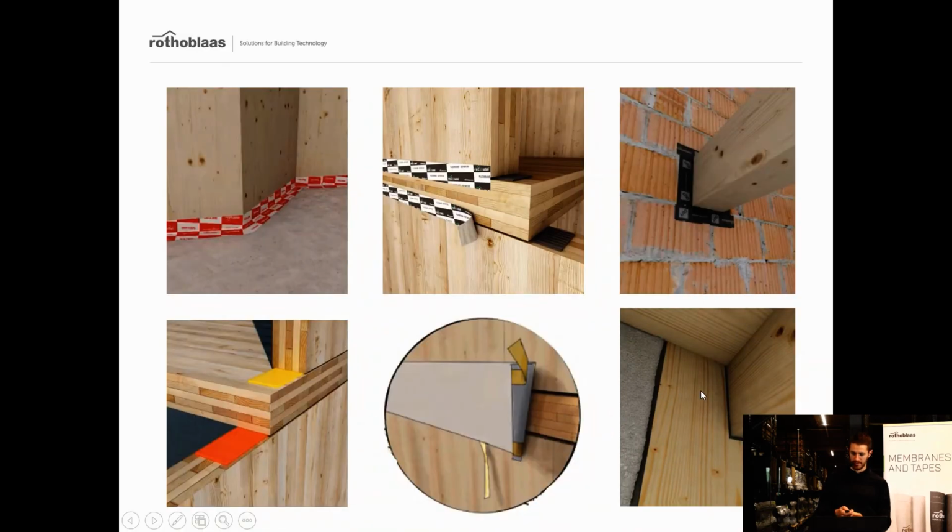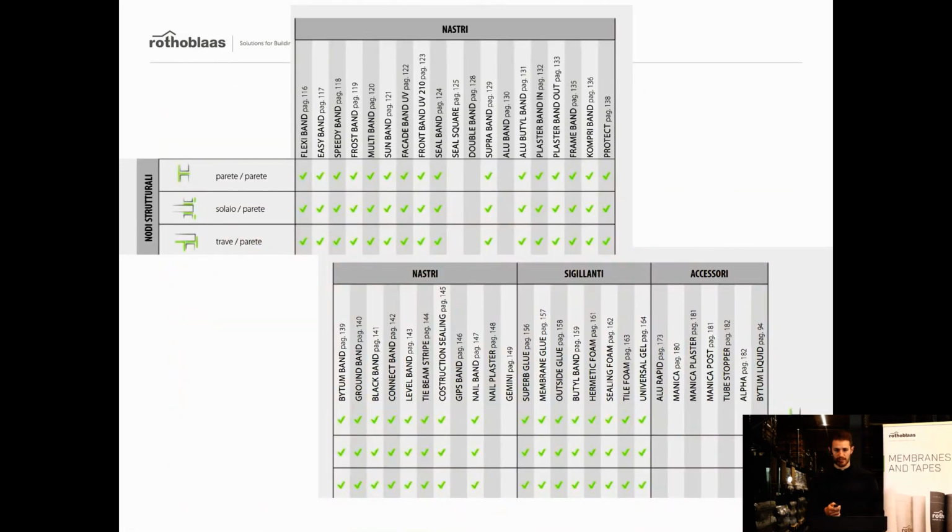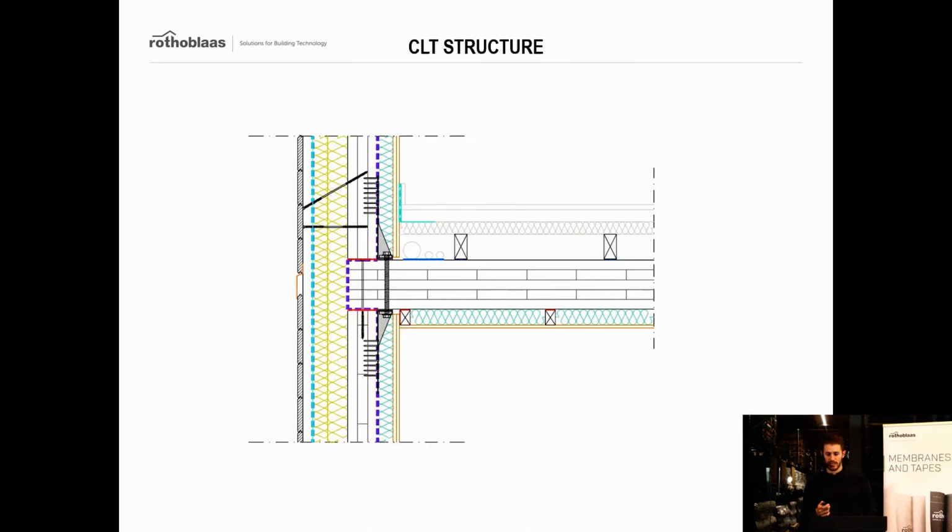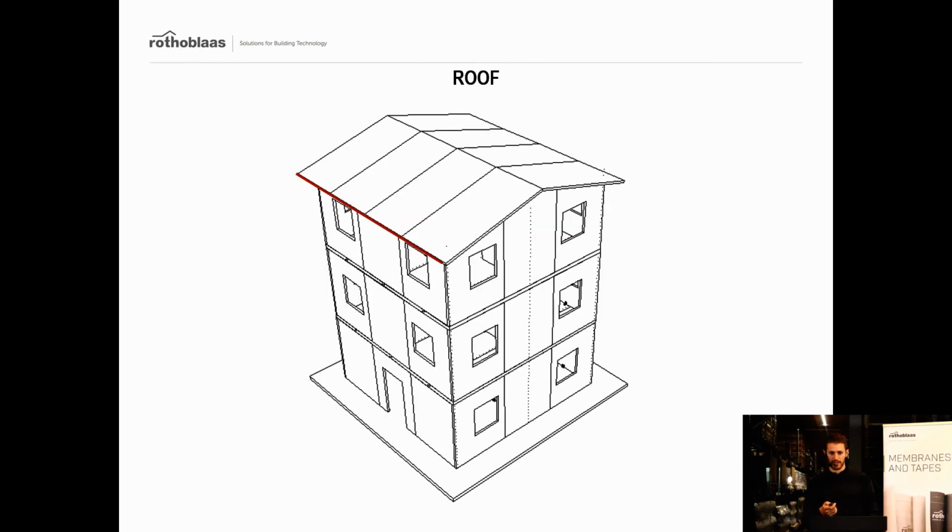Or you can use products like this one, or like this one here in the picture. This is another list of the products that you can use, and again, an example that you can download from our website.